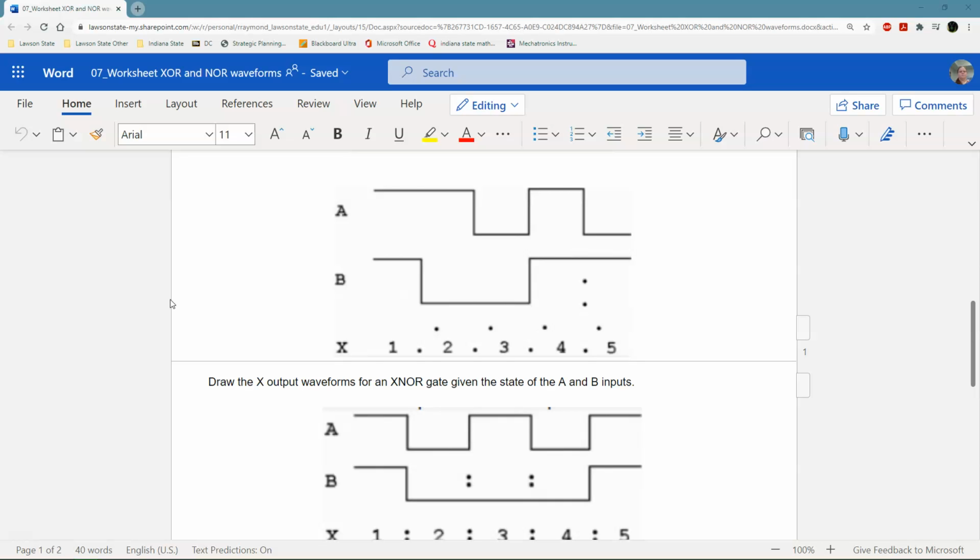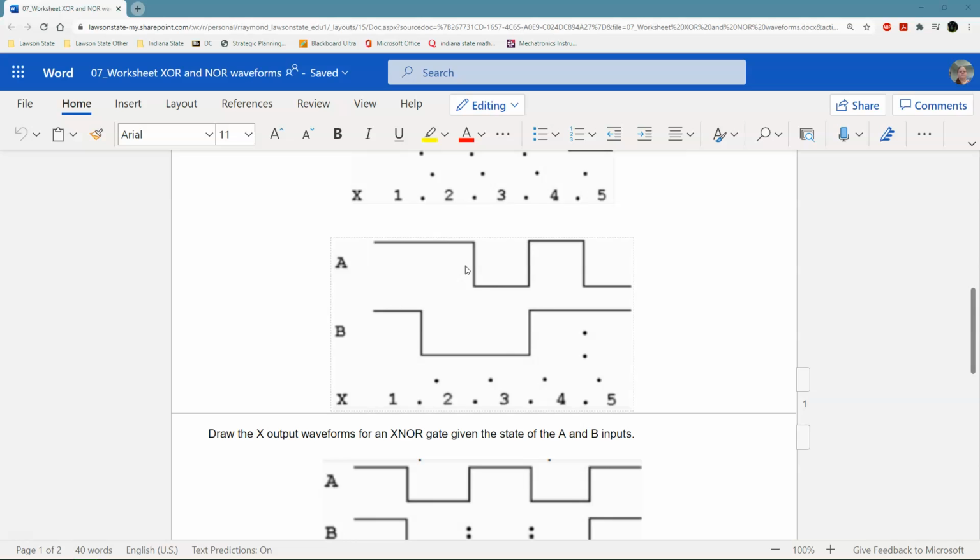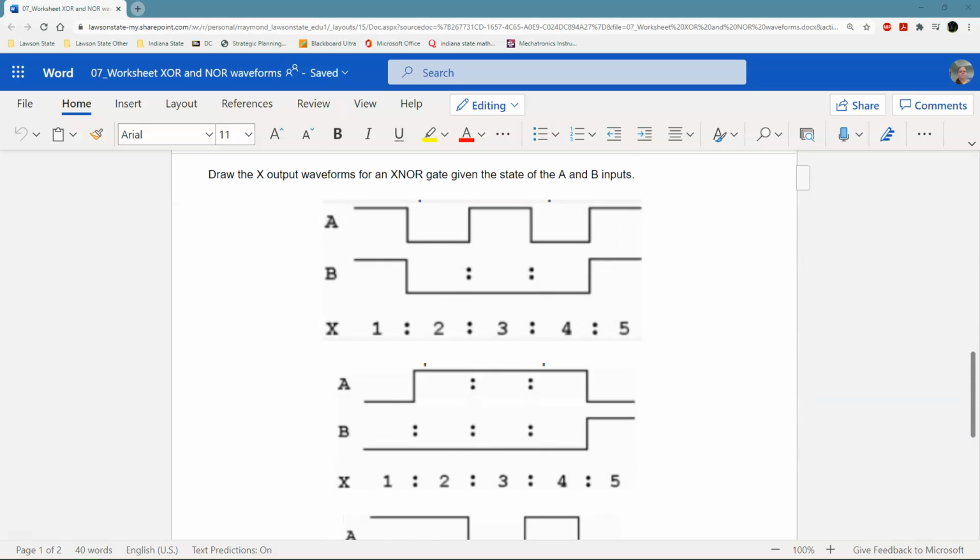All right. So before we go to the next set, we're going to be doing exclusive NOR. Y'all got any questions on this one? I think this is out there for y'all to use. If it's not, I will make sure it gets put out there. You should be able to find this out there.